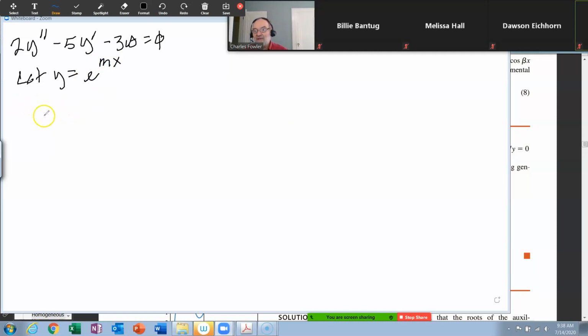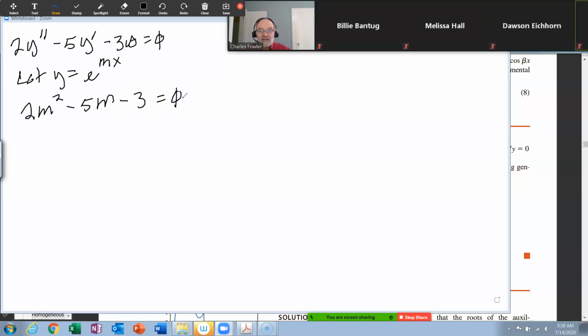That gives us, now, you don't have to put that as part of your solution if you don't want to. Basically, you can go straight to the auxiliary equation, can't you? That would be 2m squared minus 5m minus 3 is equal to 0.